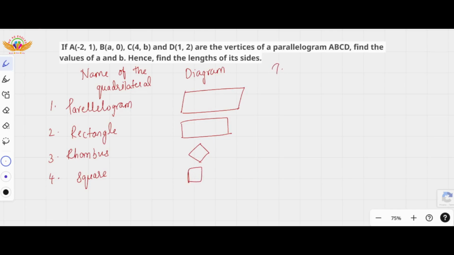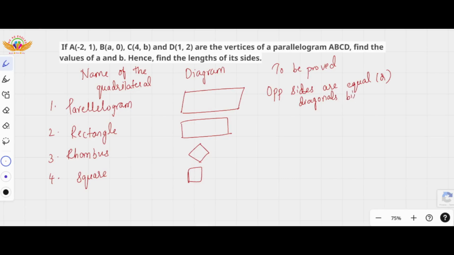So what has to be proved when they ask you this type of questions? So when it is a parallelogram, you have to prove that opposite sides are equal, or sometimes you can prove that diagonals bisect each other.